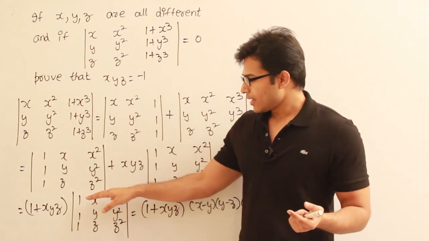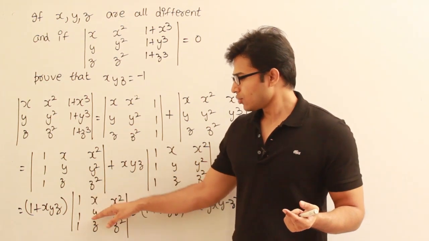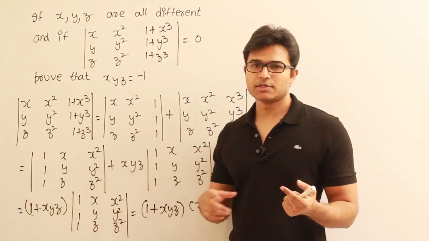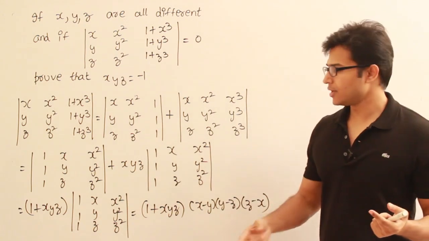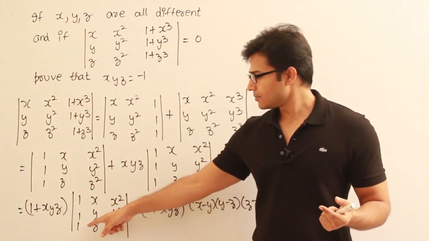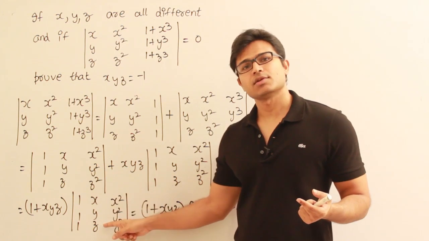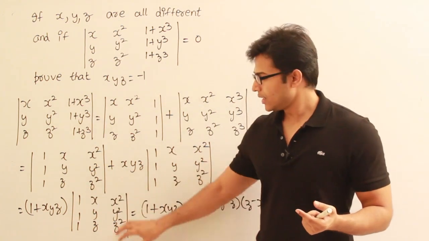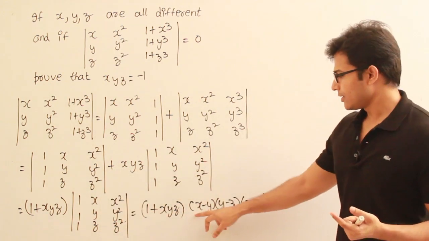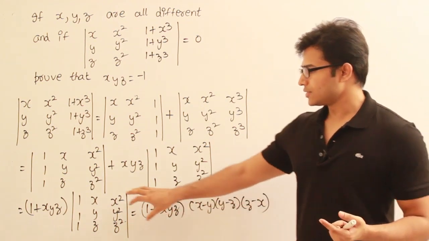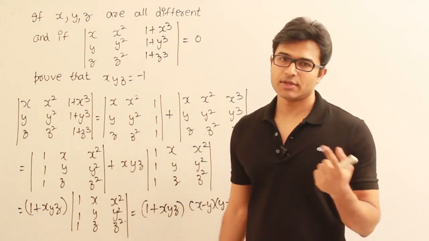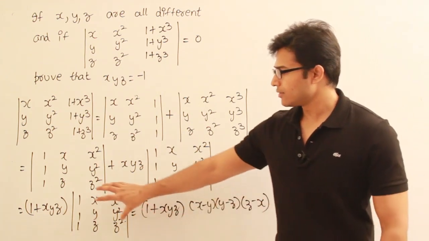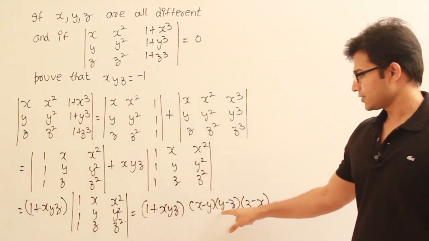You can say row 2 equals row 2 minus row 1, which means replace the second row with r2 minus r1, and replace the third row with r3 minus r1. You can also do that, right? If you do that, you will get the determinant of this. We already did it in one of the examples. I have already shown you that the value of this determinant is this one, right?